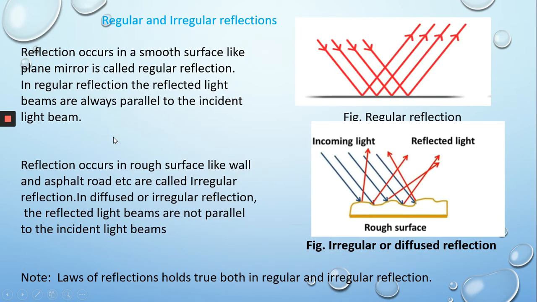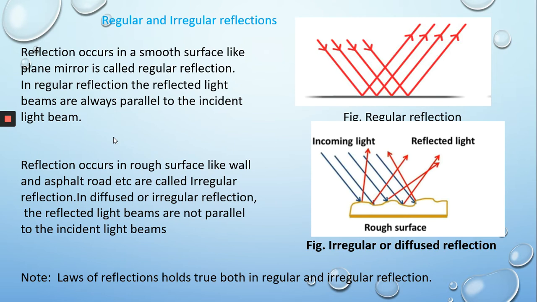Next, let us discuss the types of reflection. Regular reflection, also known as specular reflection, and the second one is irregular reflection, also known as diffuse reflection. Reflection that occurs on a smooth surface like a plane mirror is called regular reflection.